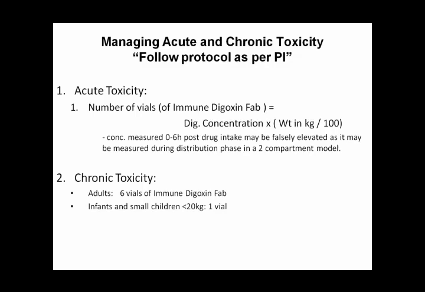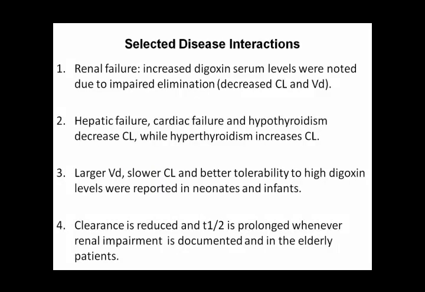What is significant to know is that when you give immune digoxin Fab, it will interfere with the digoxin level, so you don't monitor the level. Within a day or 2, you wait like 2 to 3 days, you monitor the signs and symptoms of toxicity and you treat symptomatically until the patient becomes asymptomatic.